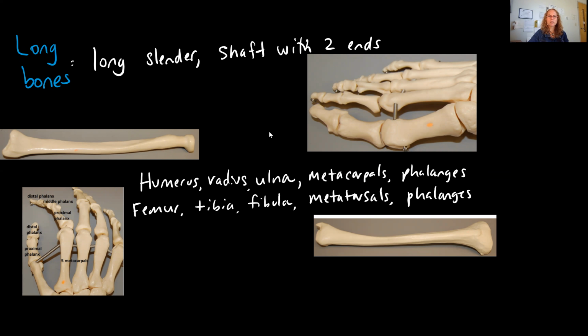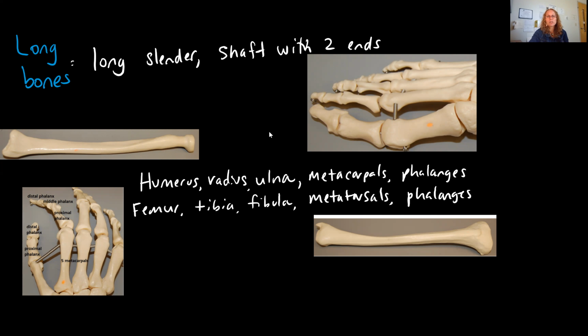Now notice, just because they're called long bones doesn't mean that they're super duper long, so they can still vary in length. These include pretty much the bones of your appendages. So your humerus and your radius, ulna, as well as bones of your hand, so your metacarpals and your phalanges. And then your lower appendage, your femur, tibia, fibula, and then there are long bones in your foot as well, so those would be your metatarsals and, again, of course, phalanges.